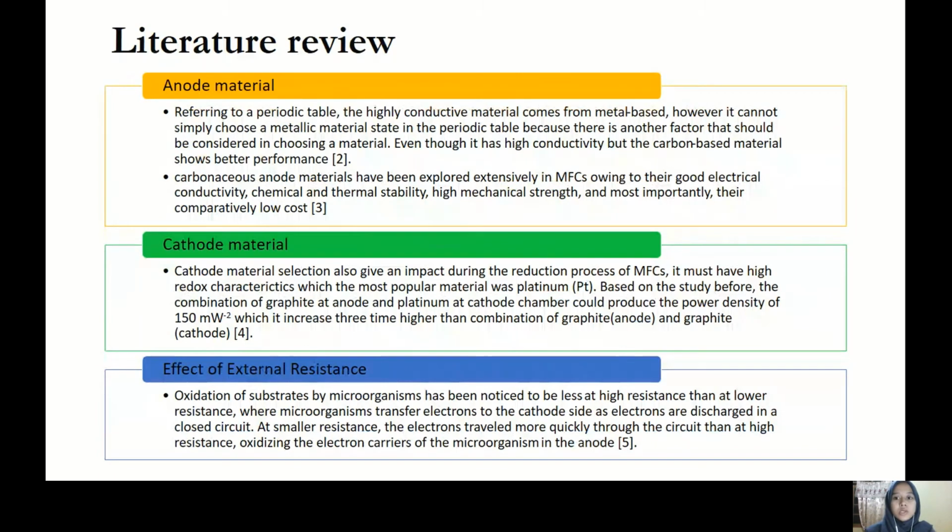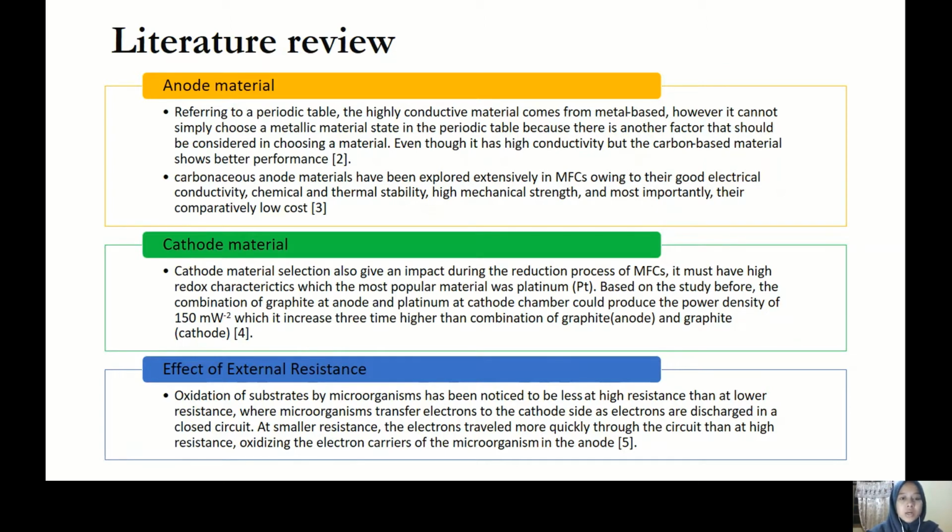The literature review for this experiment covers choosing the anode material, the cathode material, and the effect of external resistance. As we know, for the anode material, the oxidation process occurs at the anode compartment.